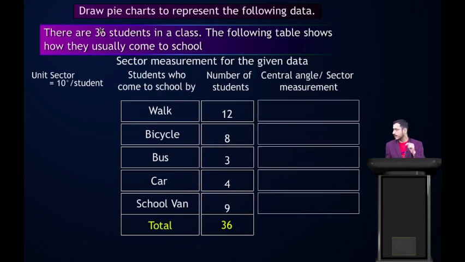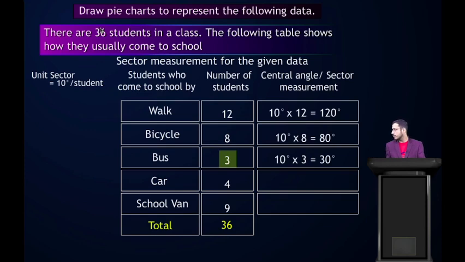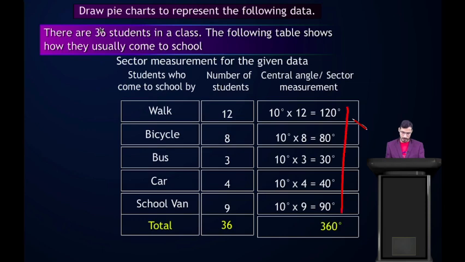Unit sector is 10 degree and the number of students who walk is 12, so 12 into 10 is 120 degree. Now 8 into 10 is 80 degree. For bus, that is 3, so 10 into 3 is 30. Fourth, 10 into 4, 40 degree. School van, 10 into 9, that is 90 degree. When we add all the angles, the sum of all angles is 360 degree.